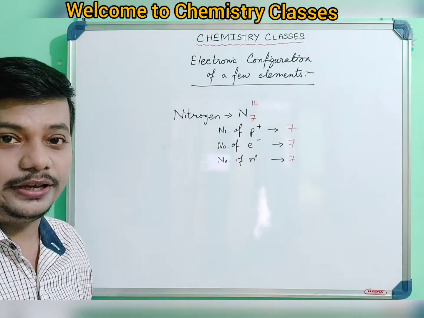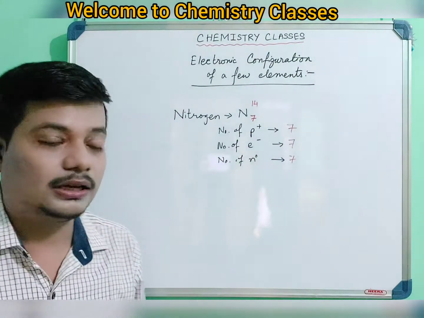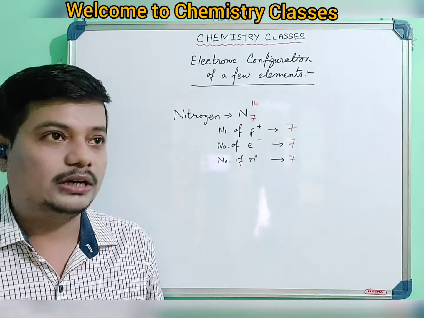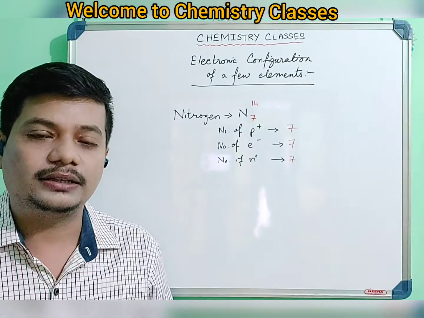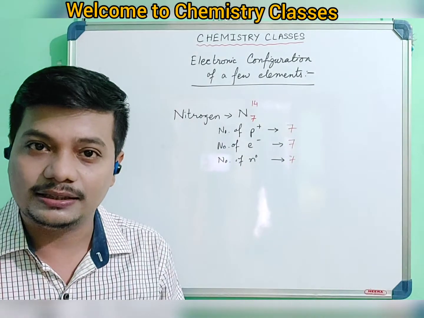Now I will be drawing the electronic configuration. For that, there are two things. One is the electron shell diagram. If you're asked to write the electron shell diagram, then if you remember, I was drawing the shells in the last class.